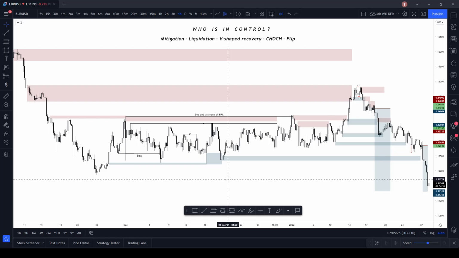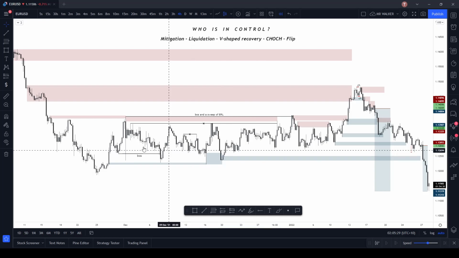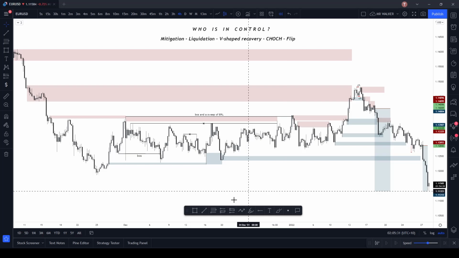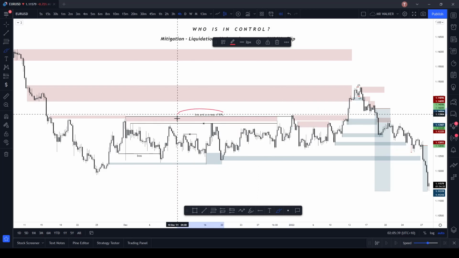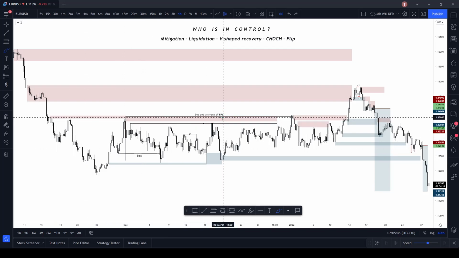Okay, so yeah, the whole of December we've been ranging, right? On the 1st of January, we have finally broken out of the range, and as you know, I've already explained this. We have had our break of structure and then a sweep of external range liquidity, right?